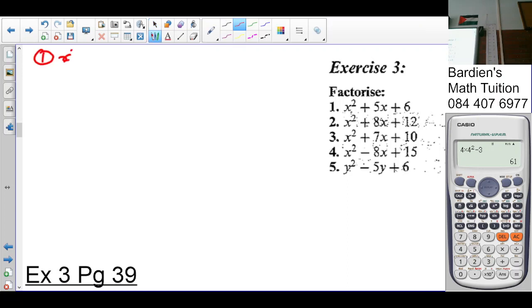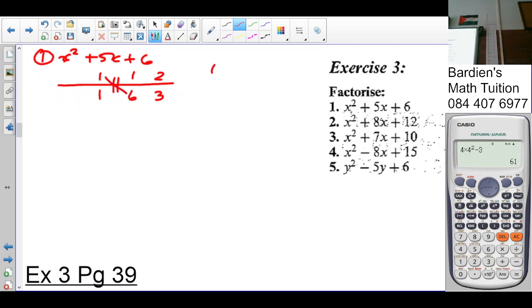You are given x squared plus 5x plus 6. So where do we start? Start with our product line. What goes on the left hand side? 1 and 1. For 6? 2 and 3. Do we add or subtract our products? We add. Why? Because the last term is plus.